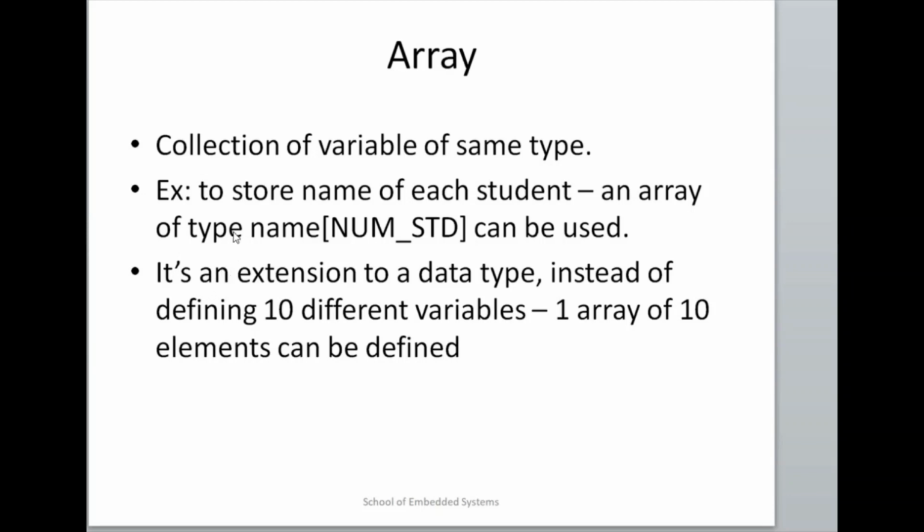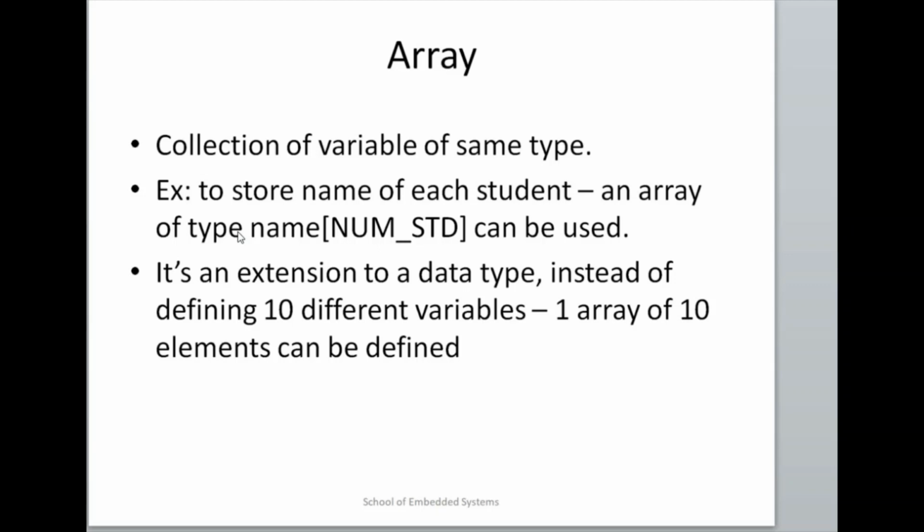Like we explained before, this is an extension to the data type itself. Okay, array is not a new data type. There is nothing that starts from array A. It's always int, float, character. It's an extension. A lot of integer variables collected together is called an array.